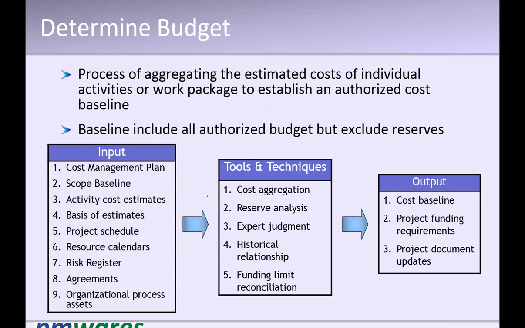Now once you have estimated the cost of the project, the next thing is determining the budget. What is the budget? The total amount I can spend on the project?